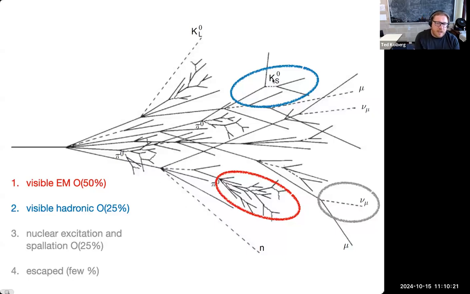And finally, we have things like K-longs, which are produced, which are neutral and can fly a long distance before they decay. And even worse, we have neutrinos, which are produced in, for example, decays in flight of pions. These can also be produced in interactions with the nuclear targets in the material.